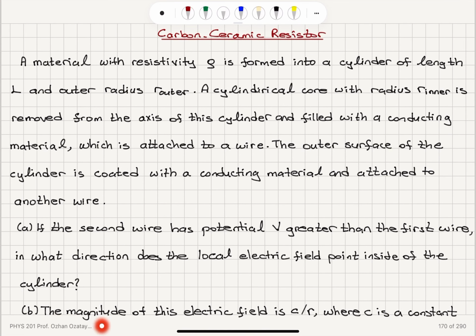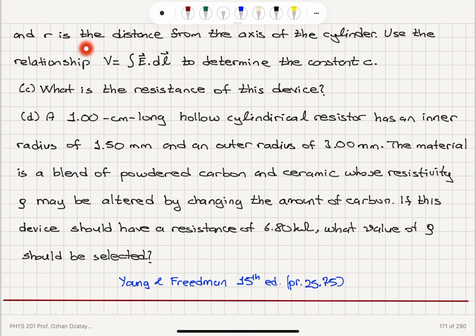Part B. The magnitude of this electric field is C divided by R, where C is a constant and R is the distance from the axis of the cylinder.